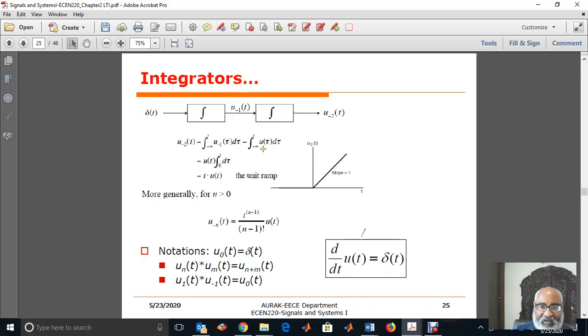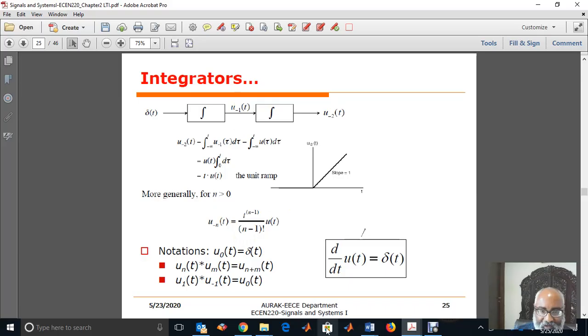If t is greater than 0, it will be t. So you will get t times u(t). So if I have n integrators, the impulse response of the system will be t to the power of n minus 1 over factorial times u(t).